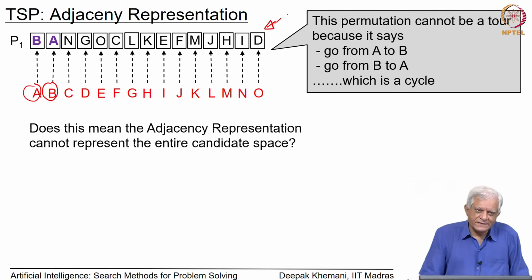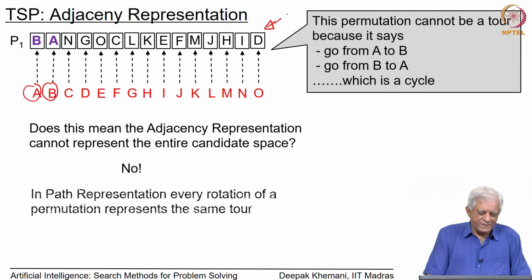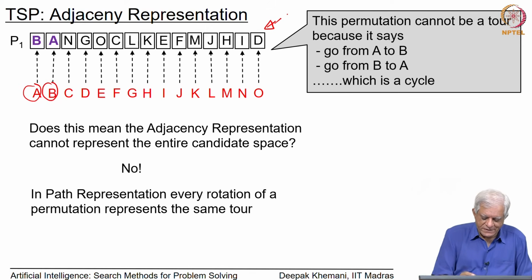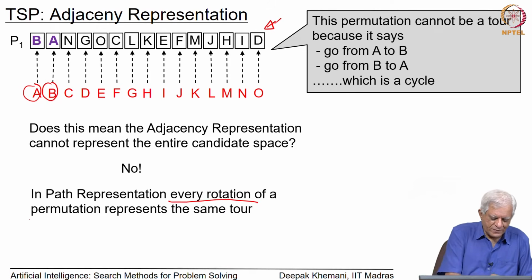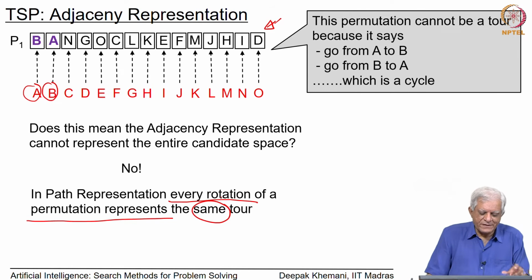So, the question one might ask is, does it mean that the adjacency representation cannot represent the entire candidate space? Because that is something that we would not like. We would like our search algorithm to access the entire space in search of the best candidate. The answer to that, fortunately, is no; this representation does not miss out on some tours. It is just the case that in the path representation, every rotation of a permutation represents the same tour, whereas we can't do rotations here, because that would mean something else.